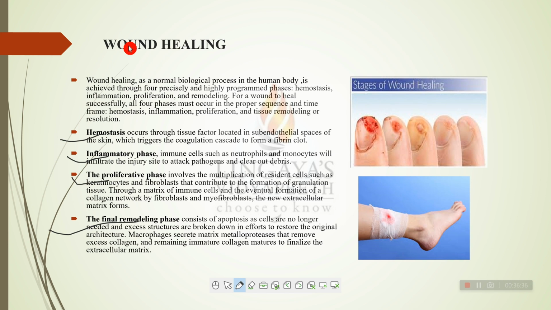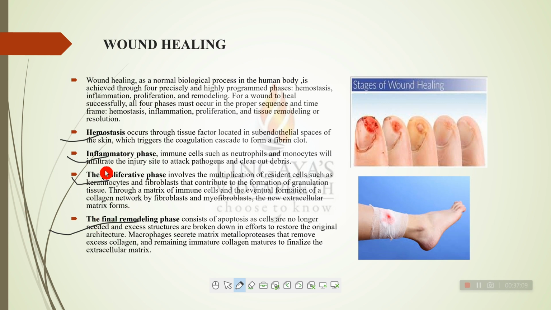Next one is the proliferative phase, which involves the multiplication of resident cells such as keratinocytes and fibroblasts for the healing of the inflammation that has occurred due to the invasion of pathogens. Through the matrix of immune cells, there is formation of a collagen network by the fibroblasts and myofibroblasts, which helps in the formation of a new extracellular matrix.